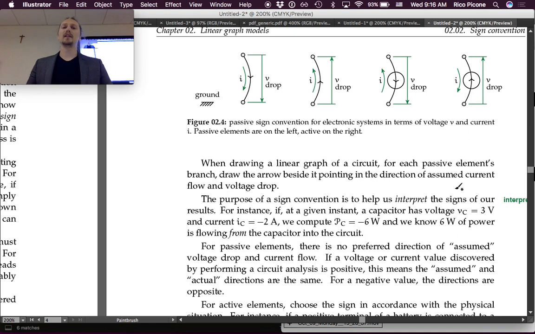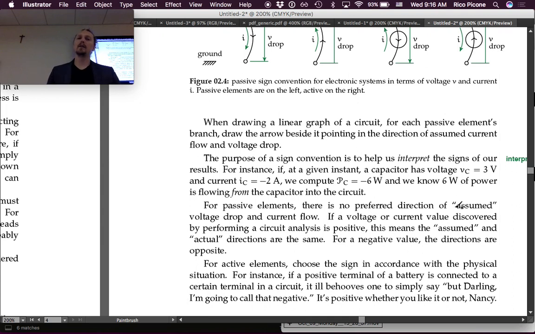For instance, if at a given instant a capacitor has voltage of 3 volts and current negative 2 amps, we compute the power to be the product of those, right? So 3 times negative 2 is negative 6 watts. And we know 6 watts of power is flowing from the capacitor into the circuit because it's negative, so that means the power must be flowing out of the capacitor. Okay?